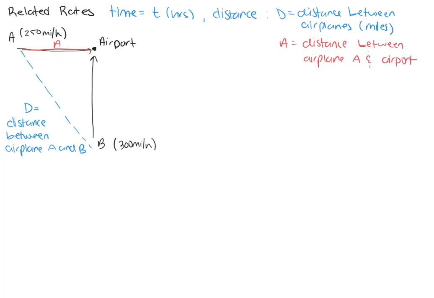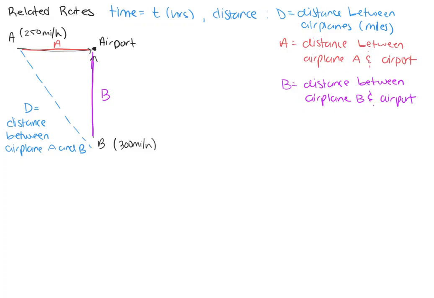And then let me use this purple color. Let's let this represent B, which is the distance between airplane B and the airport.